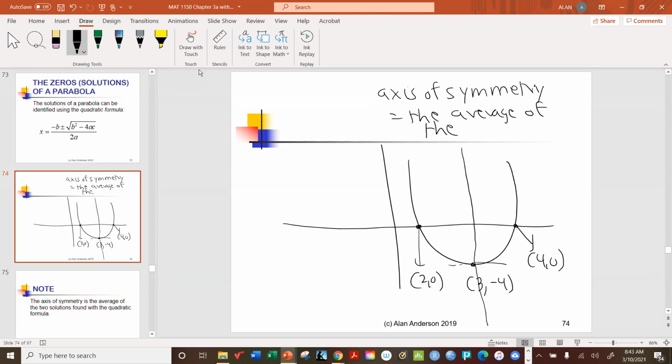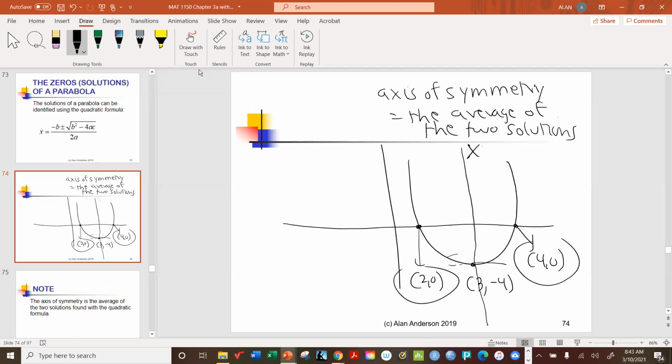If they're imaginary, then this is not going to work out. So if you did the solutions first, you wouldn't have to bother with the formula. You would already know what the axis of symmetry is by averaging them out.